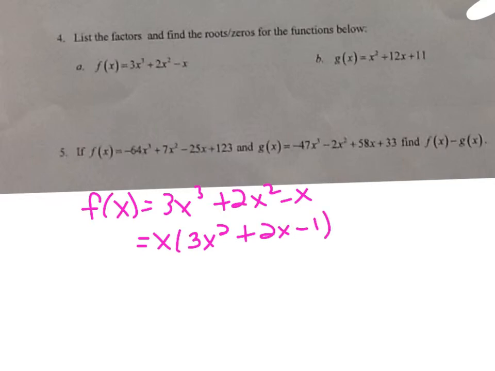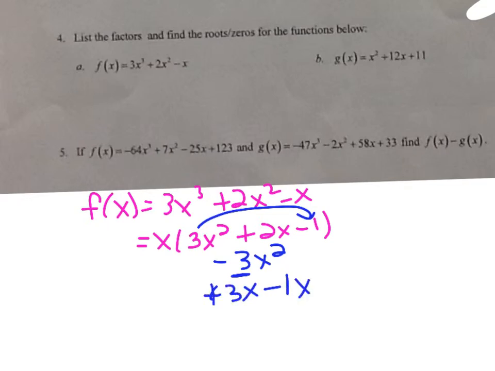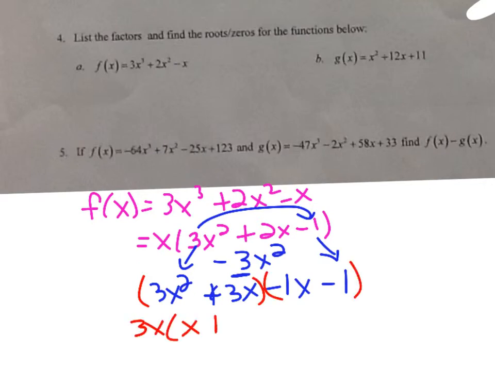Now I'm going to factor using the master product. So I multiply the first times the last. I get negative 3x squared. So what numbers multiply to negative 3 and add to 2? That would be positive 3x and negative 1x. That gives me my positive 2x. And now I'm going to factor by grouping. So the GCF of the first group is 3x times x plus 1.